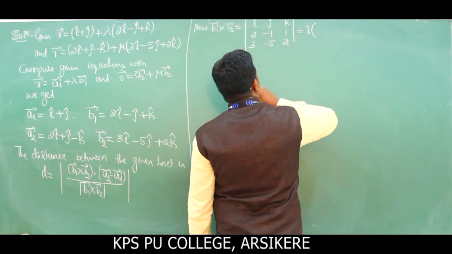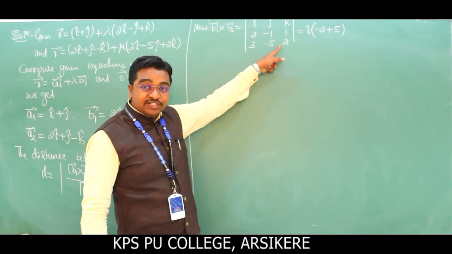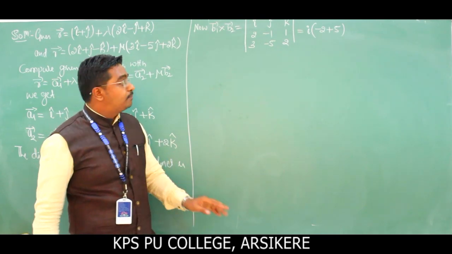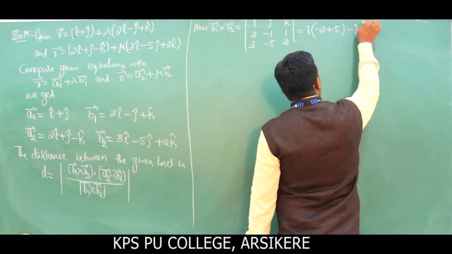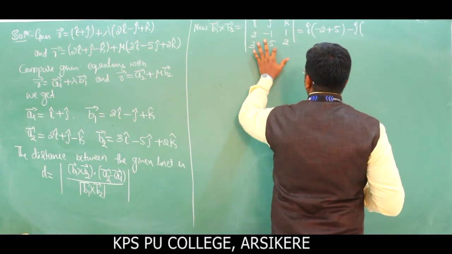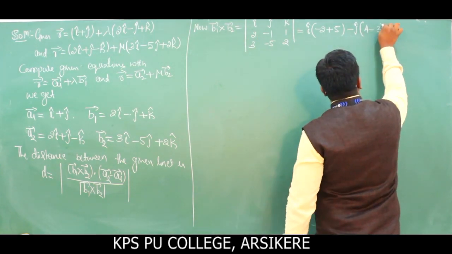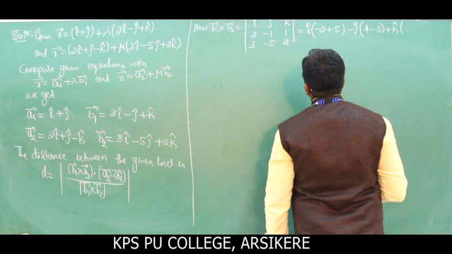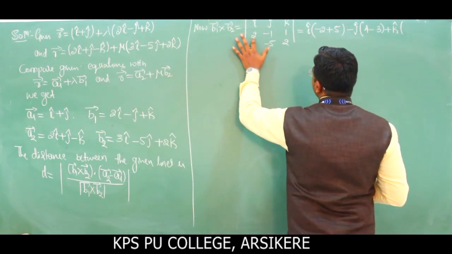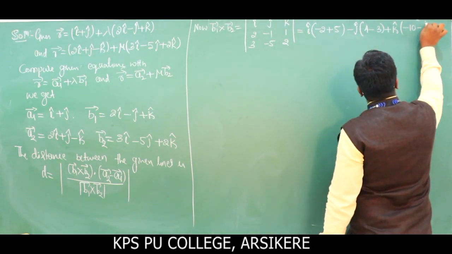Expansion: i times of minus 2 plus 5. Minus into minus becomes plus 5. Because we have a negative sign, minus into minus becomes plus. The second term is followed by a negative sign, minus j cap of, neglecting the corresponding row and corresponding column, 2 into 2 is 4 minus 3 into 1 is 3, plus k times of, neglecting the corresponding row and column, 2 into minus 5 is minus 10 minus of 3.